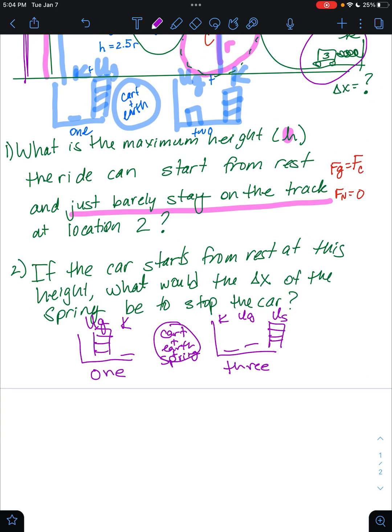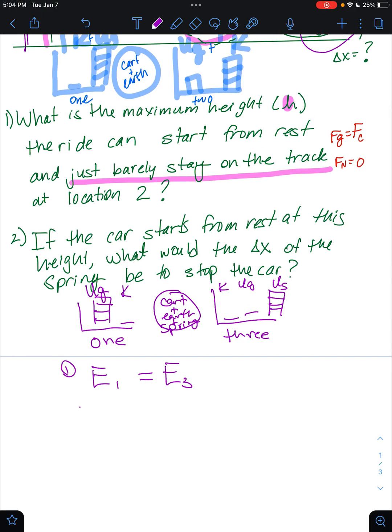So for this part, I can again say that my energy at location 1 is now equal to my energy at location 3. There's no outside forces doing work to make the energy transfer. So then I can say that the gravitational energy at 1 all turns into spring energy at location 3.